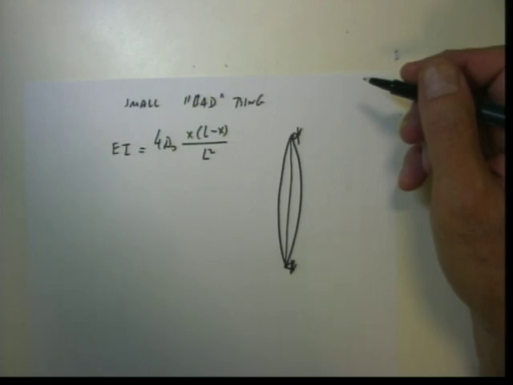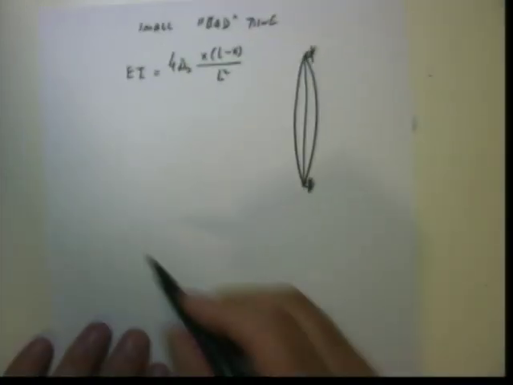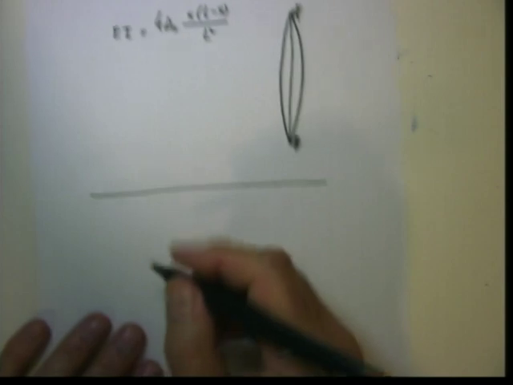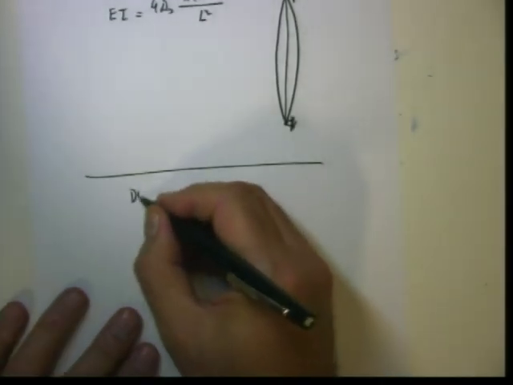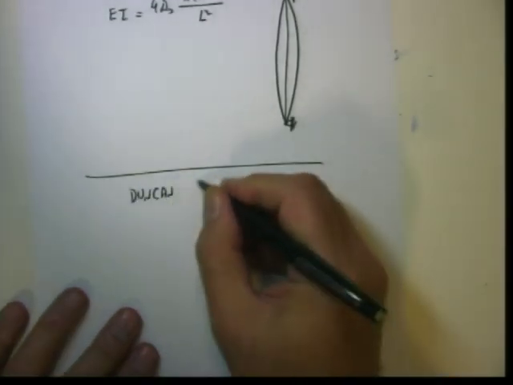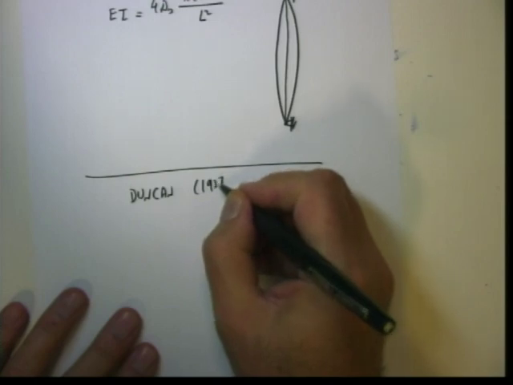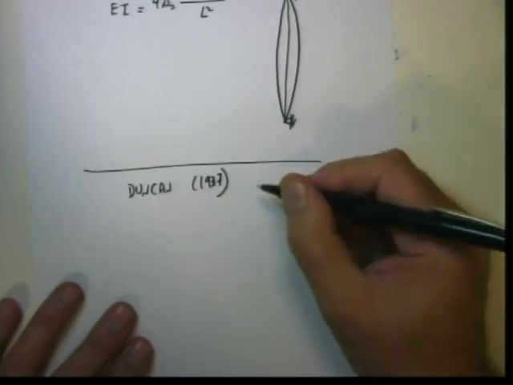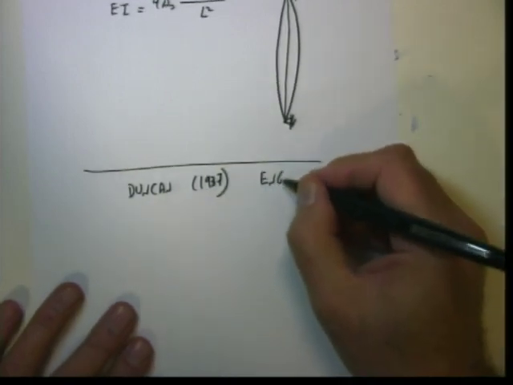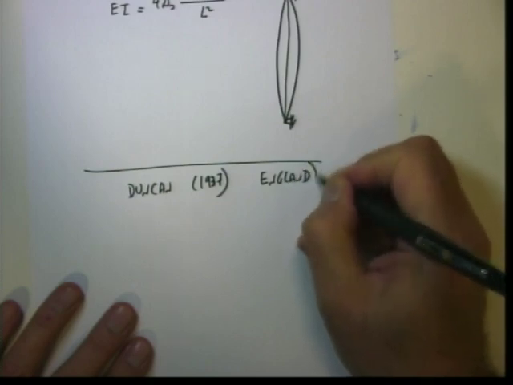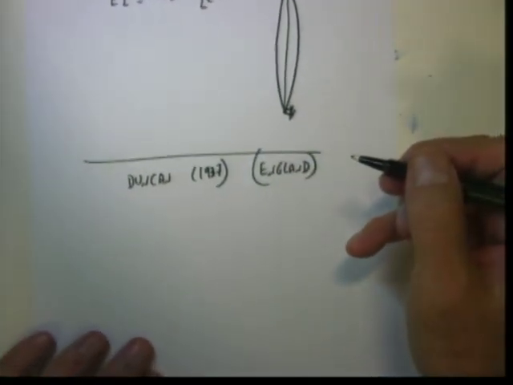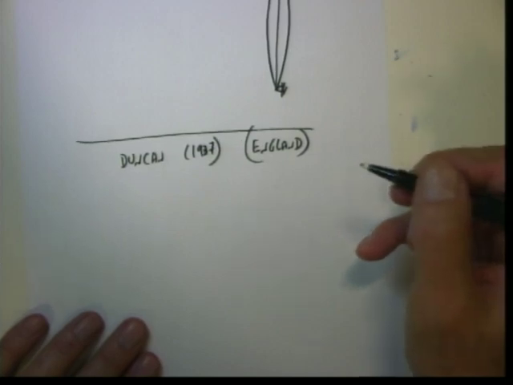Now, okay, so that was Engesser. Then there is someone whose name is Duncan, 1937. That is from England. What he says is as follows. Look, please.